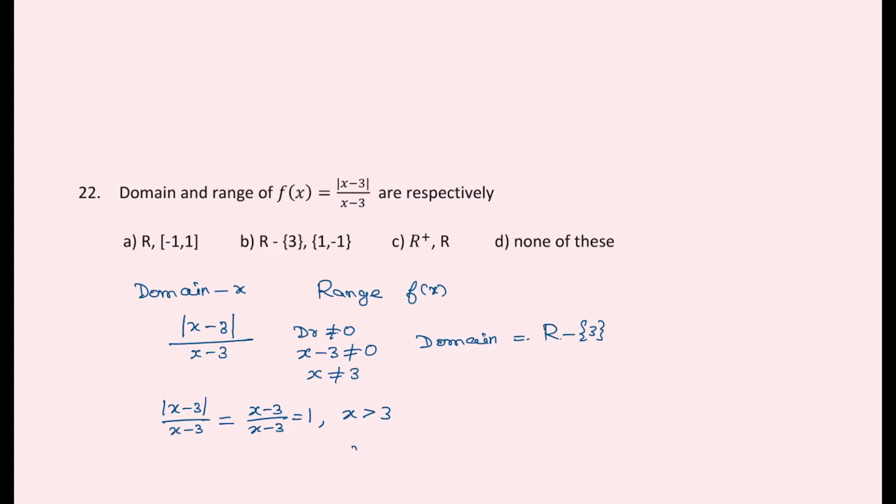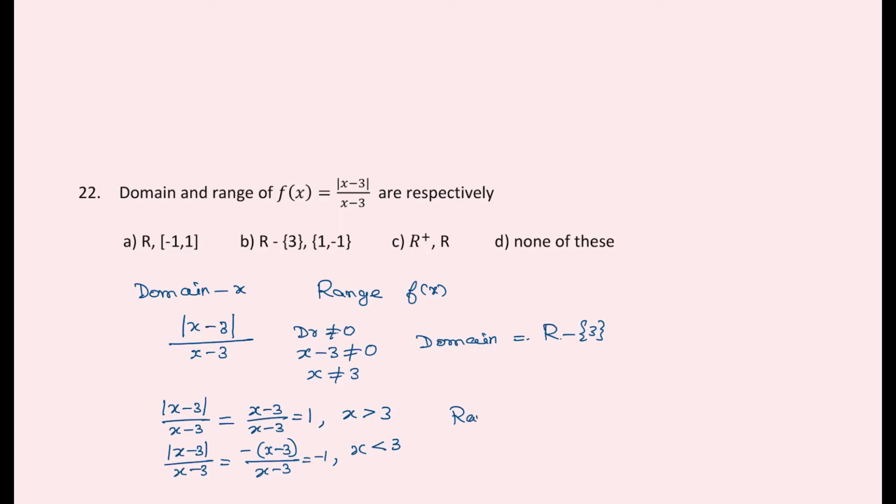And for all x values which are less than 3, absolute value of x minus 3 upon x minus 3 becomes, since x is less than 3, x minus 3 will be negative. For negative values, we write minus of x minus 3 to remove the absolute value sign. Therefore, this value is minus 1.